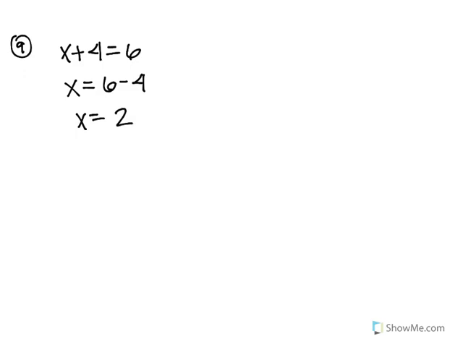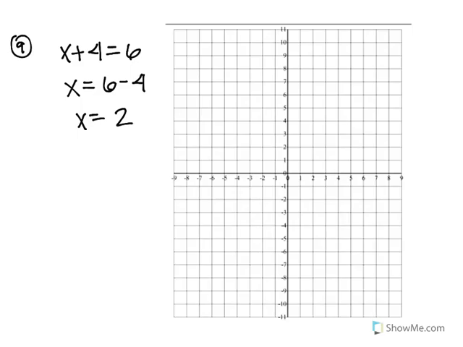So let me pull up a graph. All right. So if we're going to graph x equals 2, then I'm going to go to the x-axis at positive 2. And when I put my point at 2 on the x-axis, it's always easy for me to graph the special lines because they tell you what you're supposed to do.